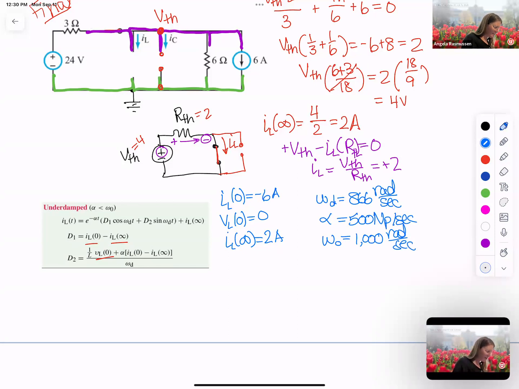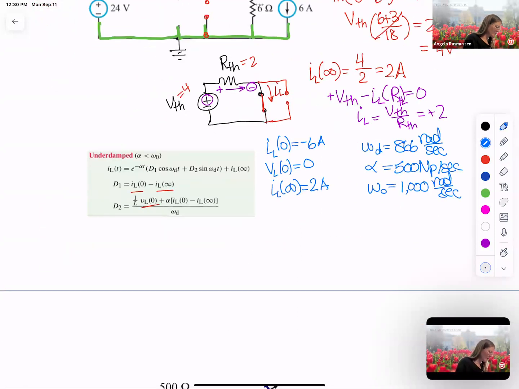So I plug these into the equation set. I get D1 is -6 plus 2, or -2, sorry, -2 for -8.